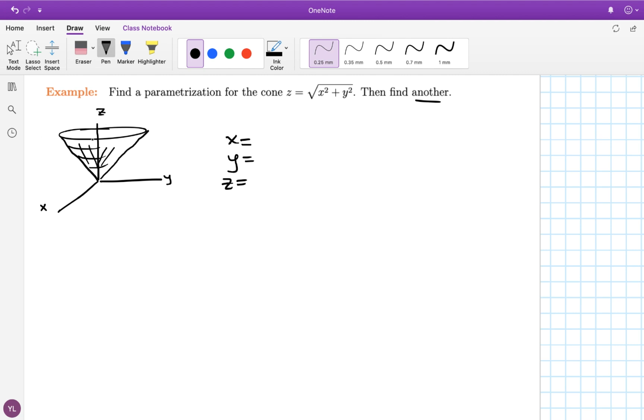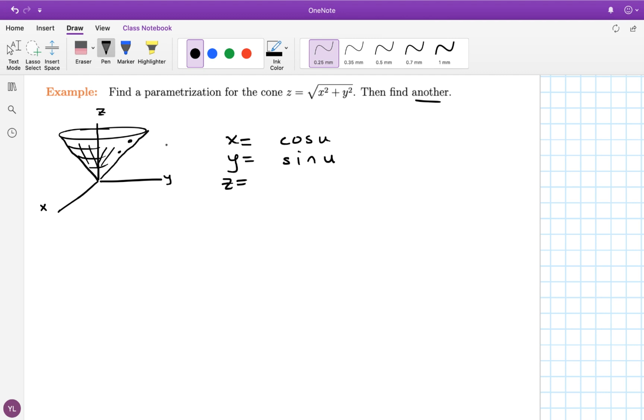So take a look at the cone. I still see rotation in the x and the y, right? There's definitely circular stuff happening relative to x and y. So it feels natural to introduce a cosine and a sine here. But notice that, depending on your position on the cone, the amplitude of that rotation is increasing.